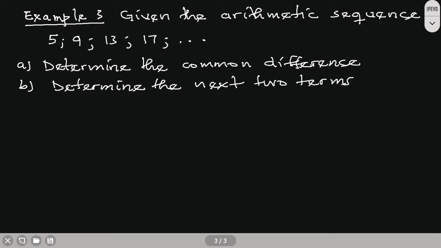In example number 1, the pattern was an arithmetic sequence, and in example number 2, the pattern was a geometric sequence. You'll be seeing more about geometric sequences in an upcoming video. For now, we are talking about arithmetic sequences. Now let's solve example number 3.